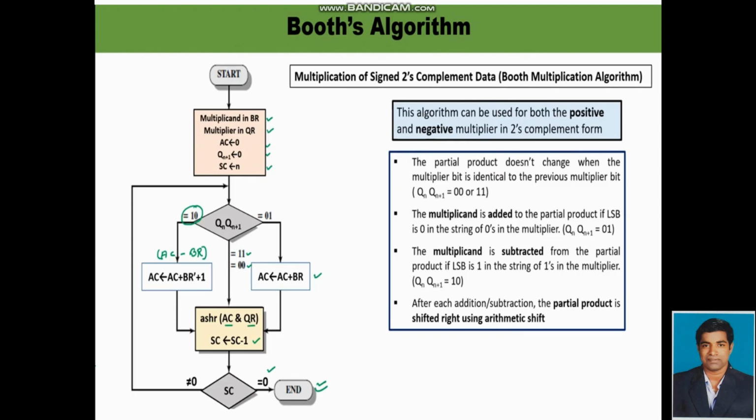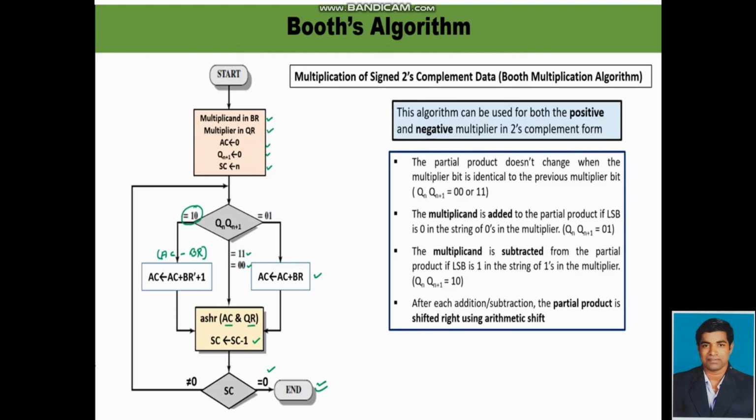If both are 1,1 or 0,0, we do not make any changes. But when Qn and Qn+1 are 1,0, we perform AC gives AC plus BR' plus 1. Else, if Qn and Qn+1 is 0,1, then we perform AC gives AC plus BR.